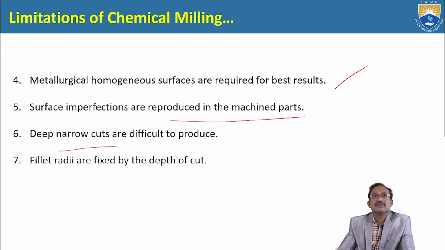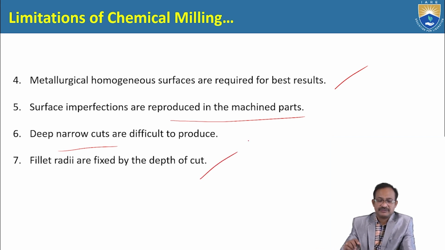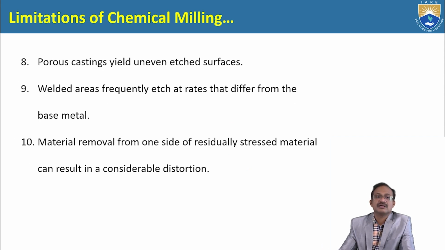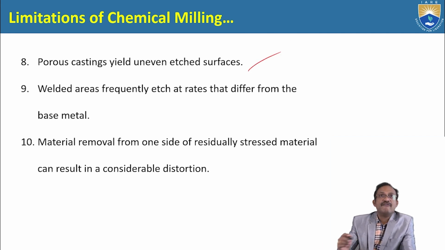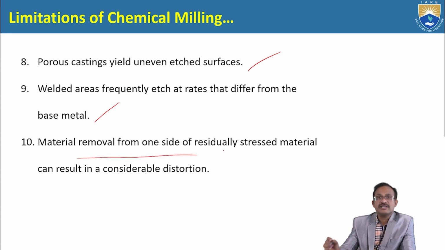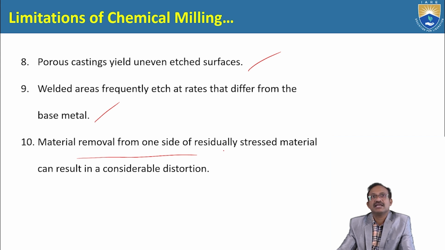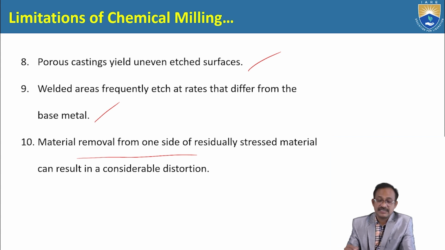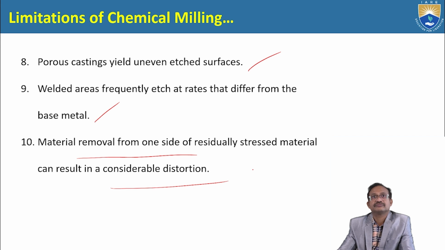Fillet radii are fixed by the depth of cut. So that is one of the limitations. Porous castings yield uneven etched surfaces. Welded areas frequently etch at rates that differ from the base metal. The tenth one: material removal from one side of residually stressed material can result in considerable distortion.